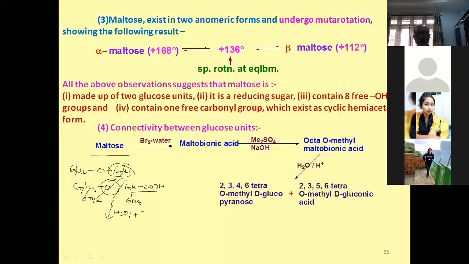After hydrolysis, what is the resulting group that is going to come? Hydrolysis means breaking with water, HOH. So if it breaks up here, H goes to this side and OH comes to the other side. That means there will be a free OH group here, and this one also will have a free OH group here.